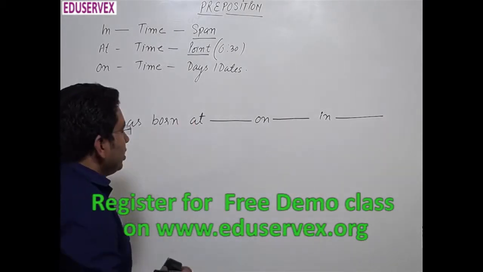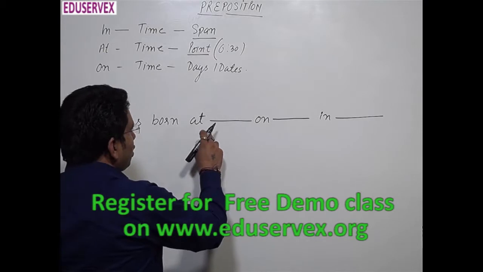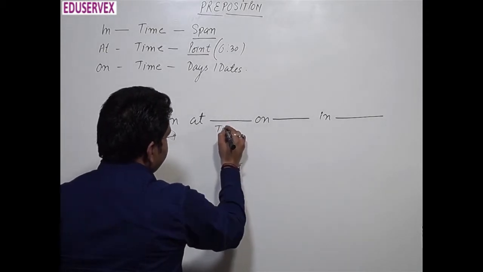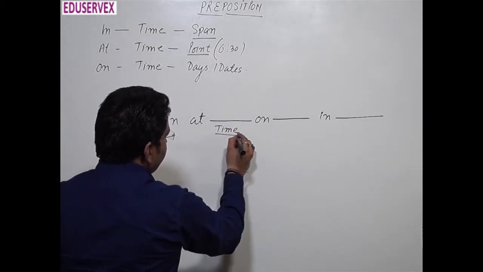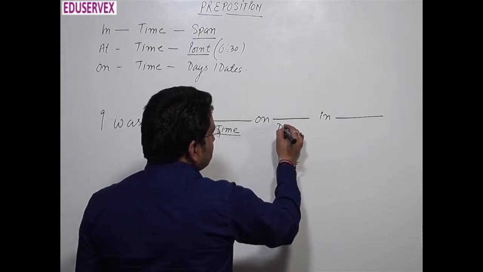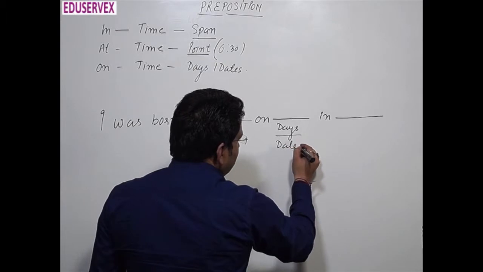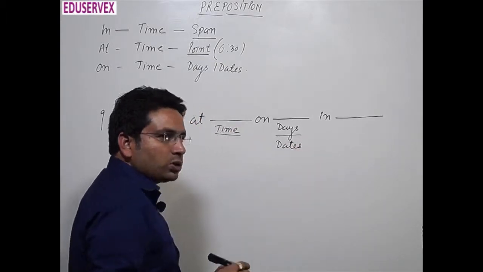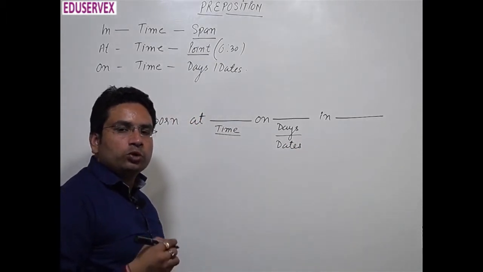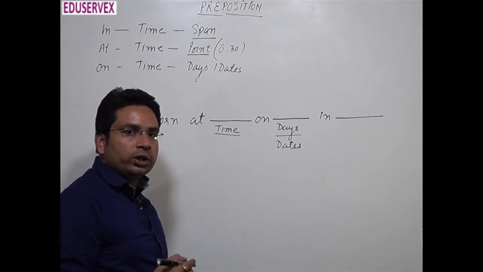Now you can mention I was born at, like a time, on either days or dates, like on Monday, on Sunday, on 26th of, on 23rd of.